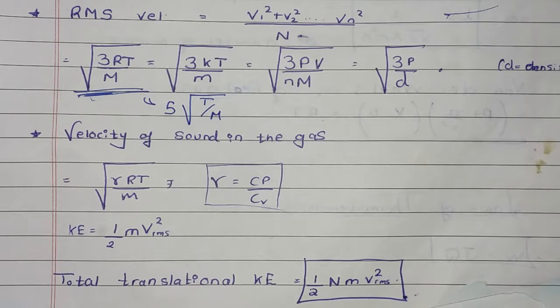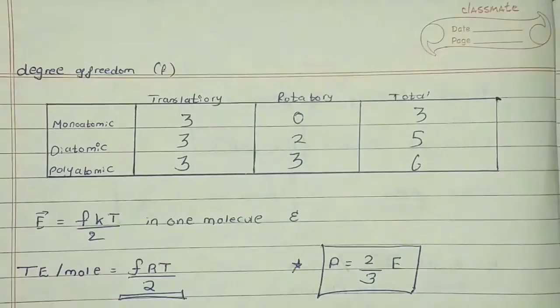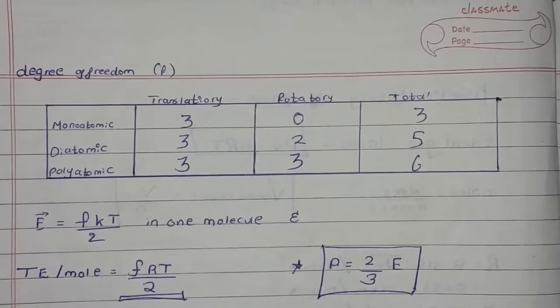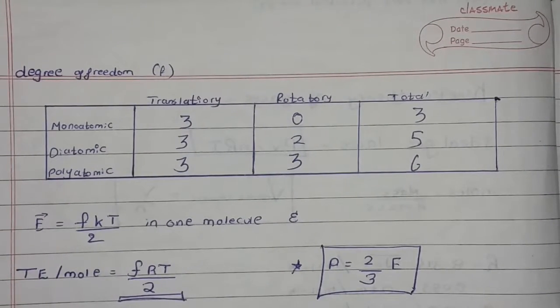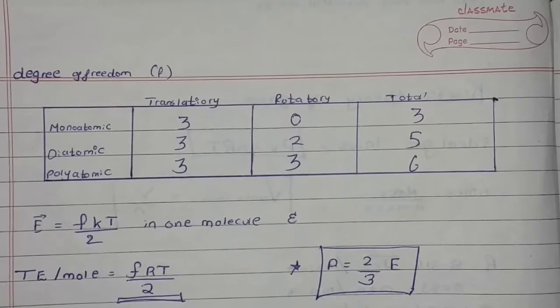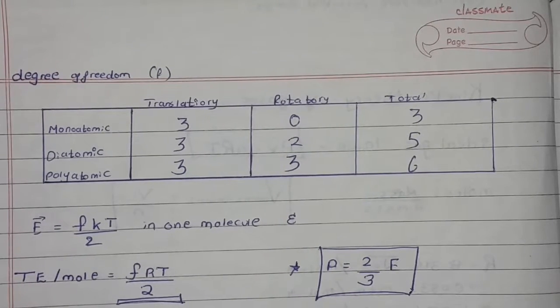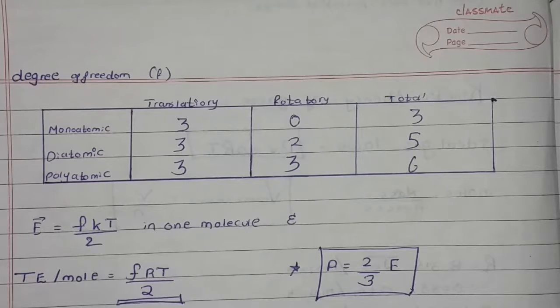So that's it. Now let's get down to the next page. Now you must be seeing a table which says degree of freedom. What is degree of freedom? Listen to me carefully.